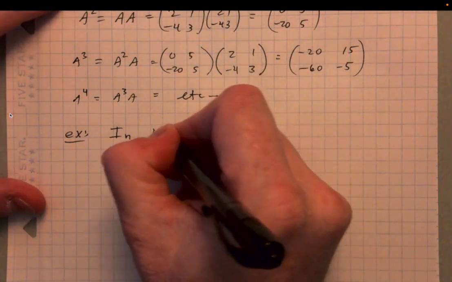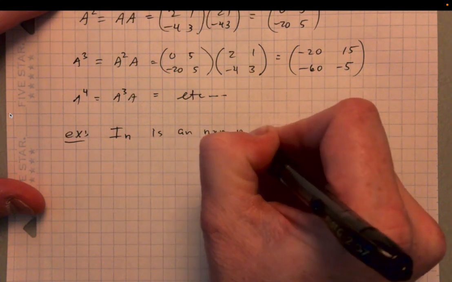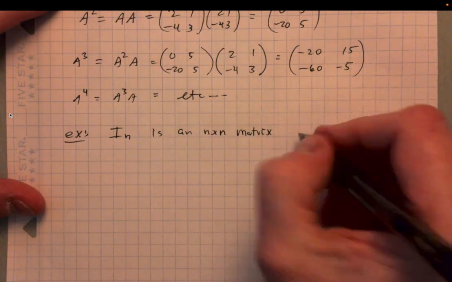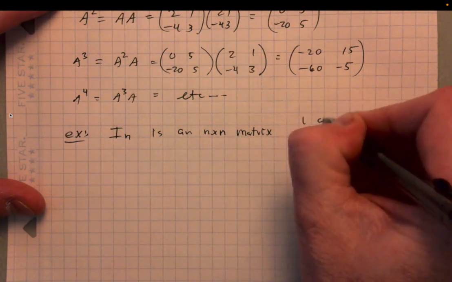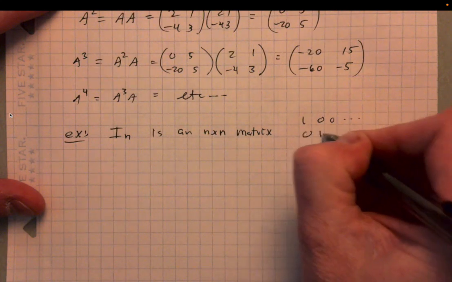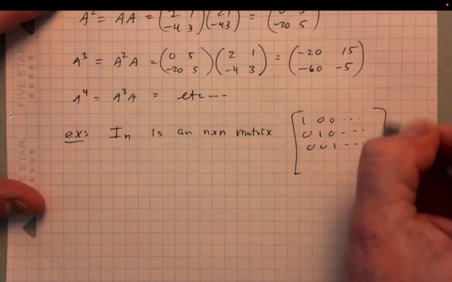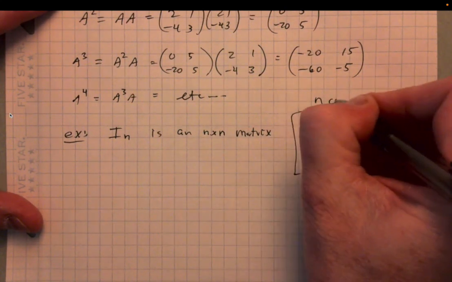So I_n is basically an n by n matrix with 1 on the main diagonal and the rest zeros. And it'll have n rows, n columns.